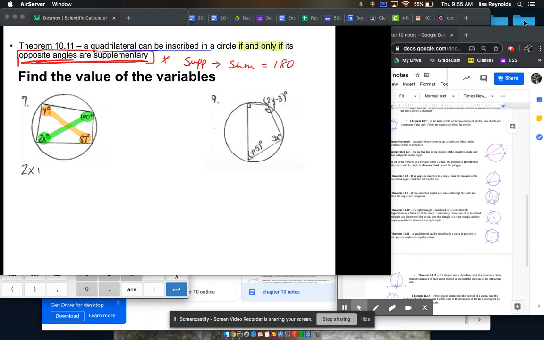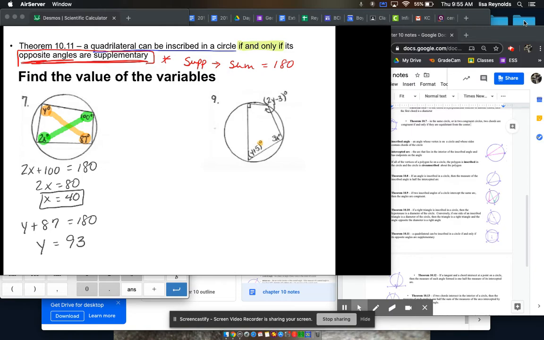So our 2x plus 100 will equal 180, and our y plus 87 will equal 180. So with the first equation, we subtract the 100, 2x is equal to 80, and divide by 2, x is equal to 40. For the next one, we're going to subtract 87, and y is going to equal 93. So pay attention to your opposites.